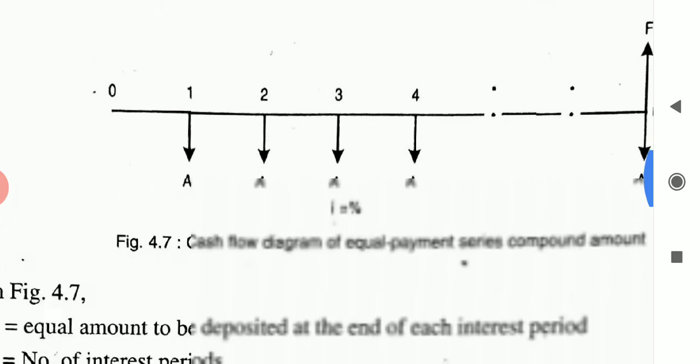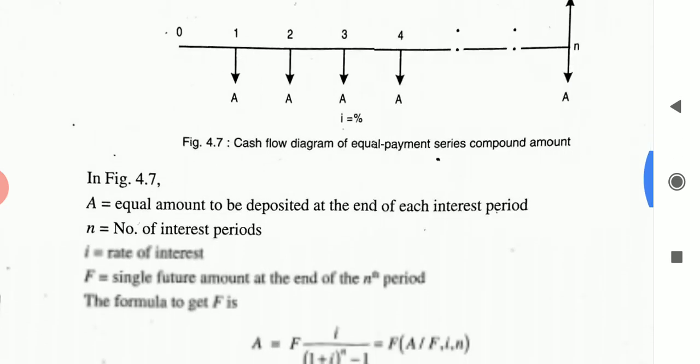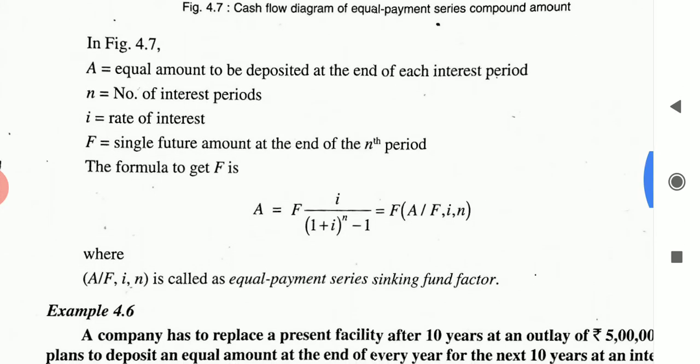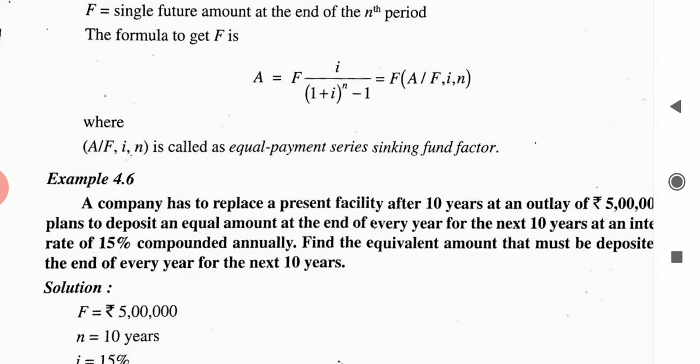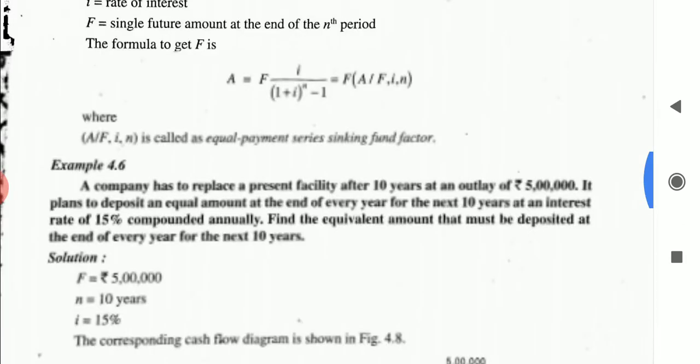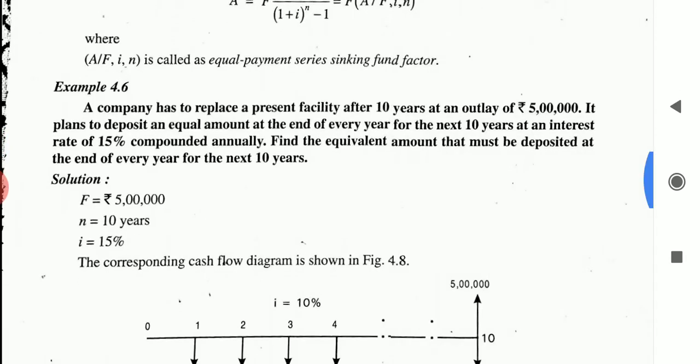So see here, only the formula changes. The formula is A equal to F of I divided by (1 plus I) raised to n minus 1.